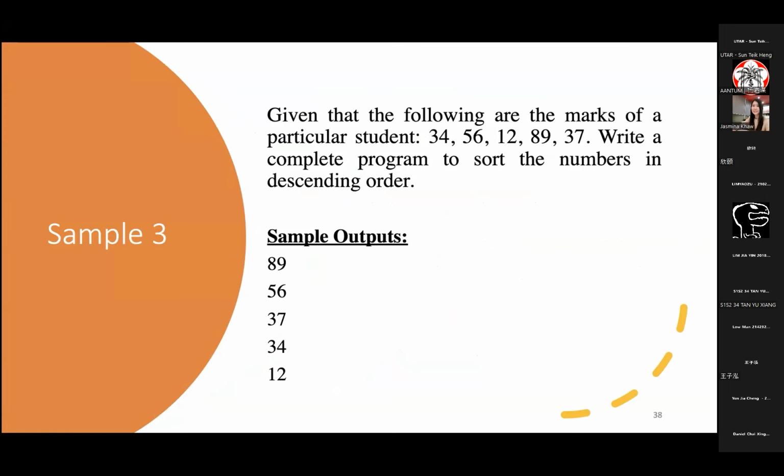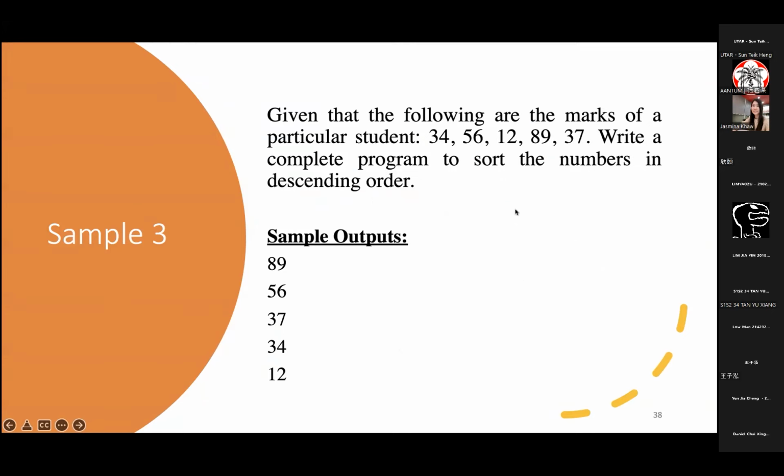Okay, now we look at sample question number 3. Given the following marks of a particular student: 34, 56, 12, 89, and 37. Write a complete program to sort the numbers in descending order. So this is the sample output.